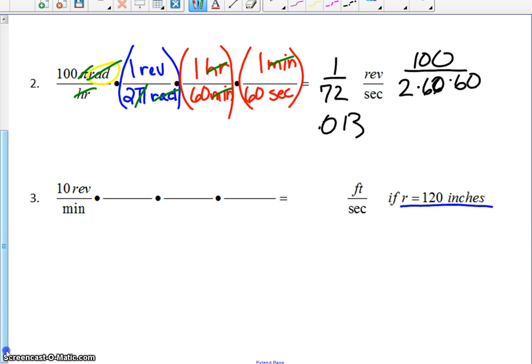Because I have to remind myself that 1 revolution is really the circumference. Remember that? So if 1 revolution is the circumference, then 1 revolution is 2 times pi times the radius, which is 120 inches.